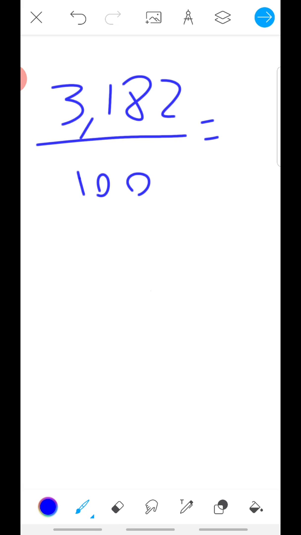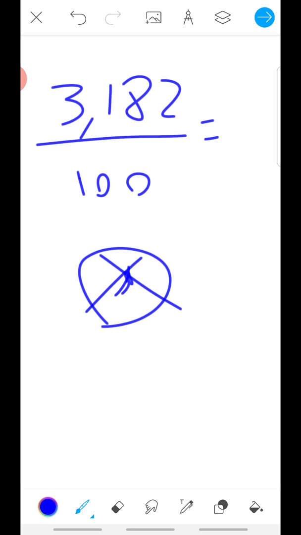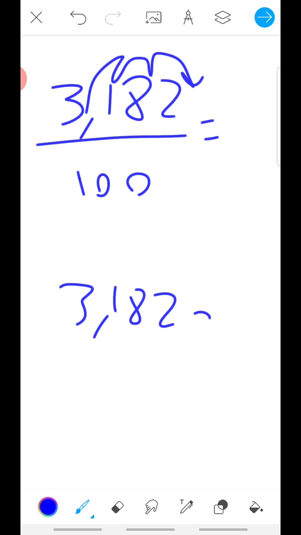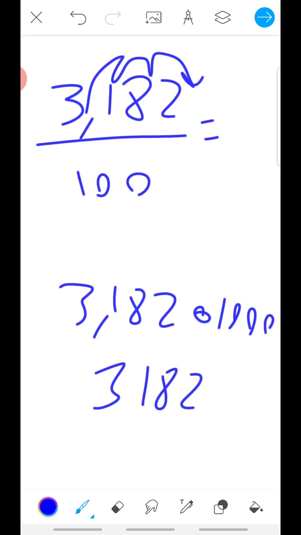Well, we know that we shouldn't have a decimal. We have to move this decimal 1, 2, 3 steps by doing times 1000, because that's how you move the decimal back. So you do 3.182 times 1000, turning it into 3182.